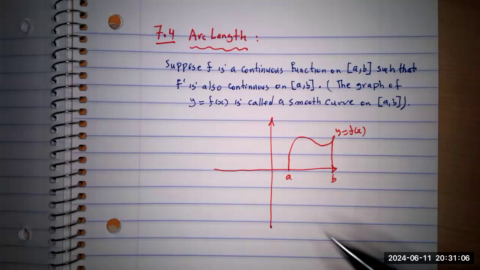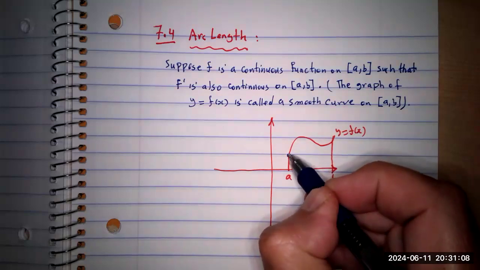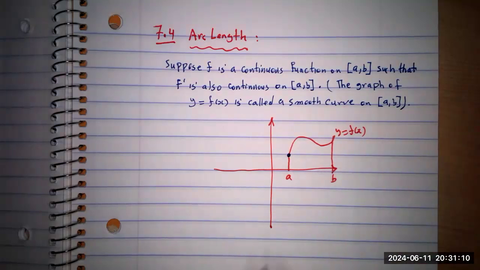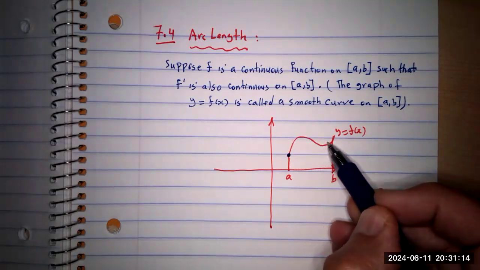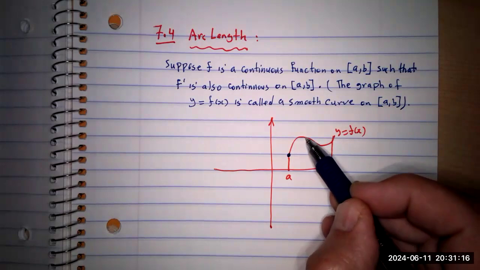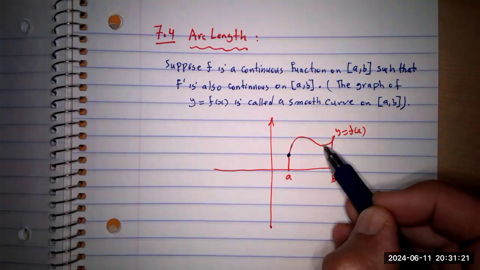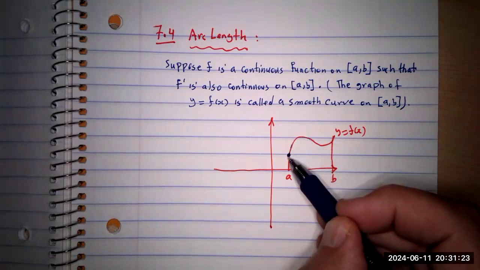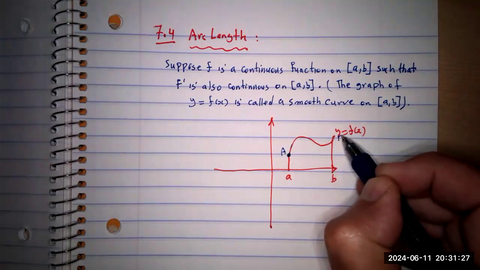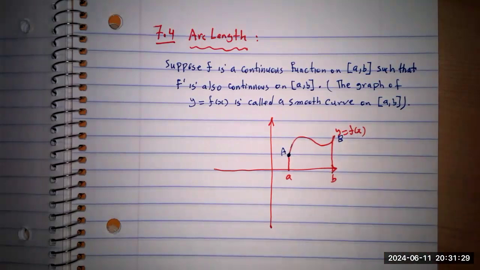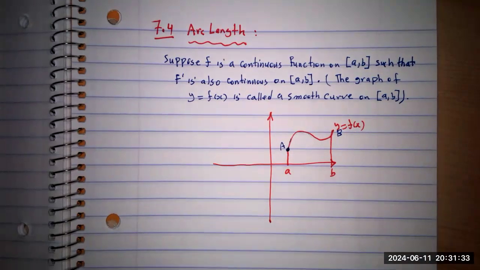Suppose this is your starting point, and you're going to travel along this curve. You would like to know the distance that you have to go from this point. We call this point A, and this is the point B. So the distance along the curve is going to be your arc length.